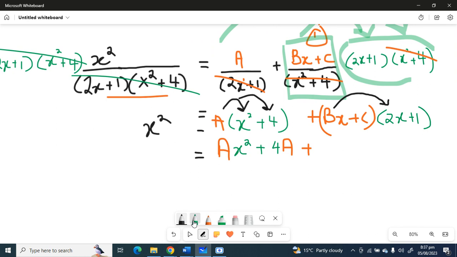You're going to get 2bx squared. Are we all comfortable with that? You get 2bx squared. Are there any questions? Let me know.